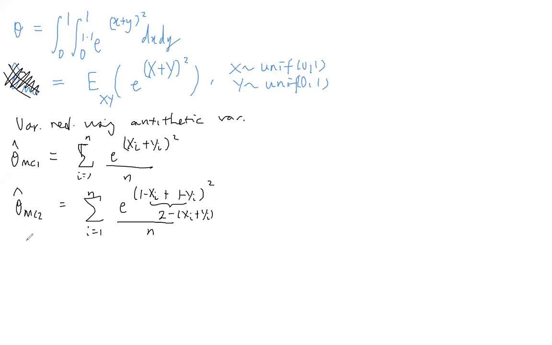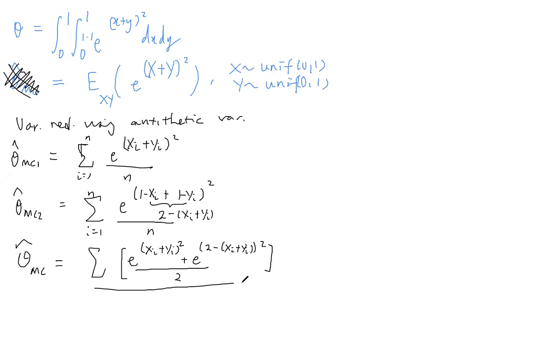Your antithetic method would yield an estimator like this: the first plus the second, divided by 2 and divided by n.